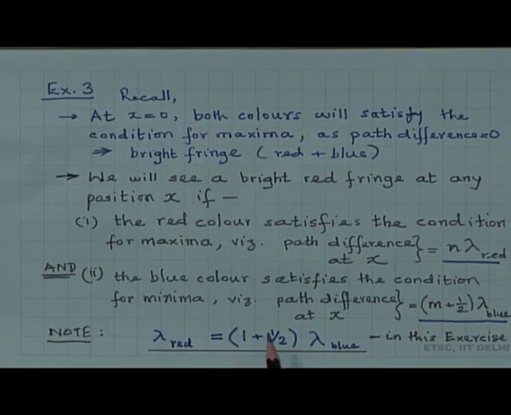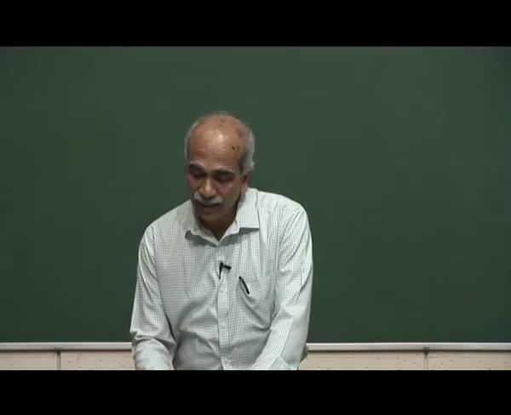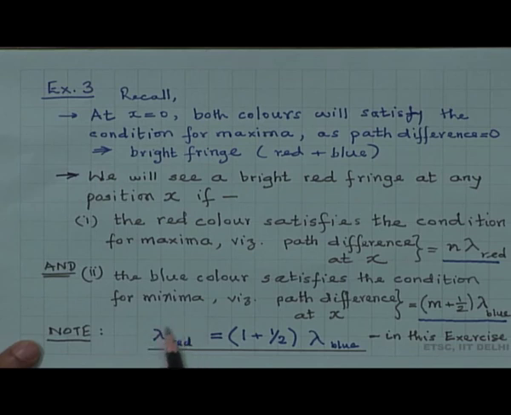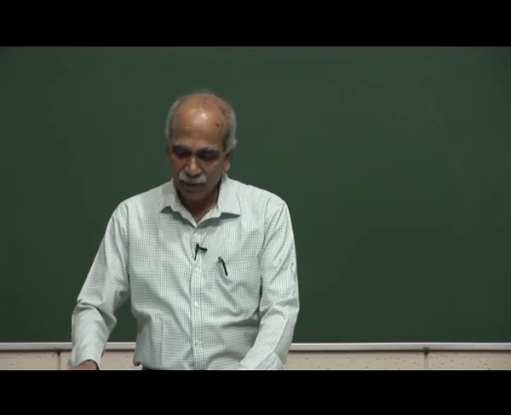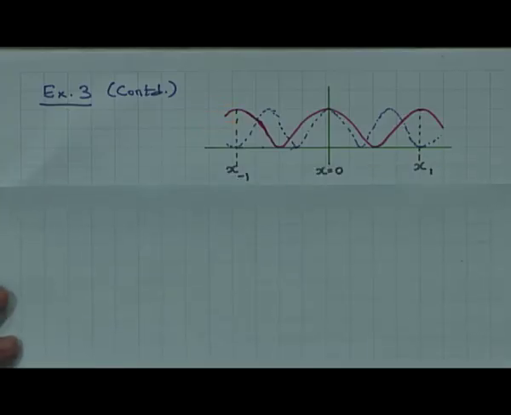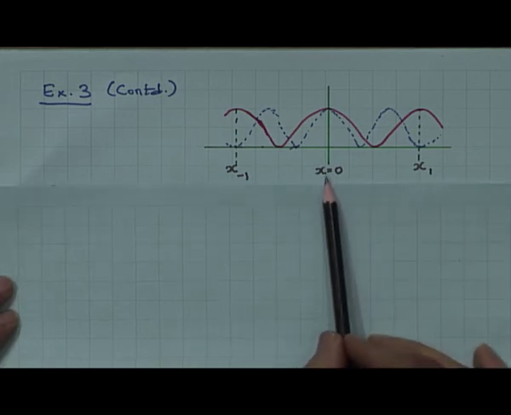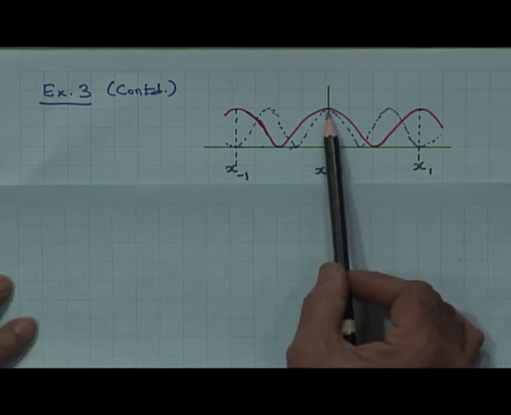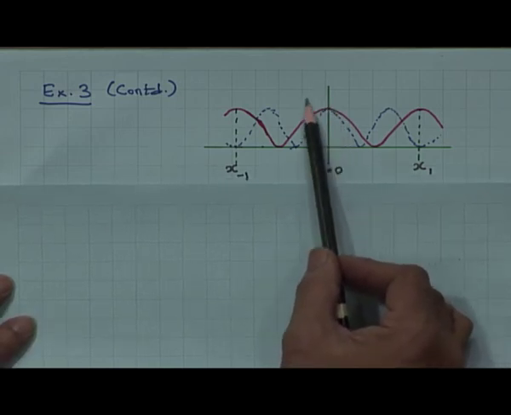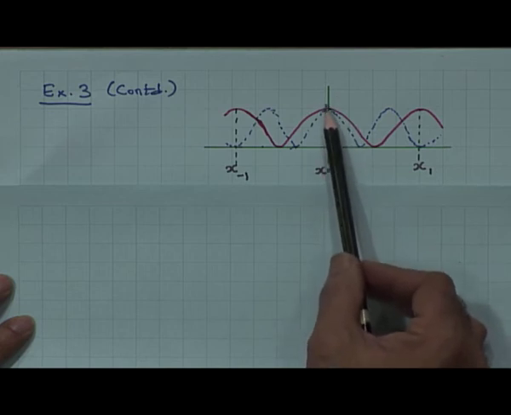In the previous lecture, we had discussed lambda red as 600 nanometer, an orange color, and for the blue I had taken 400 nanometer, and we had seen how the fringe systems form. So, now let me show you the problem. Here I have shown only the two colors. At x equal to 0, the central maxima of blue and red are both coinciding, therefore this will be a bright fringe, but a mixture of blue and red.